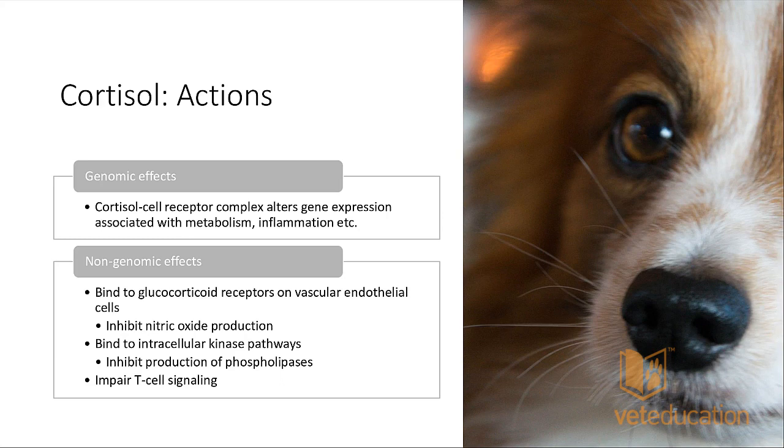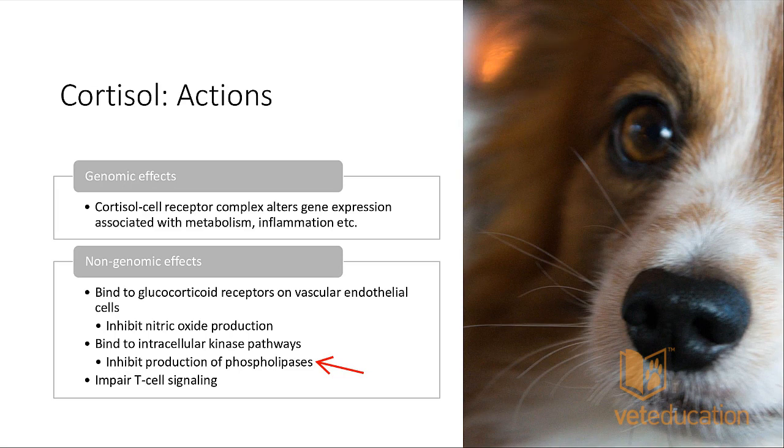They can also bind to transcellular kinase pathway. Okay, so this is what I was talking about in the lysosomes. Lysosomes are little organelles that sit within our cells, and they are loaded with enzymes, one of which is a phospholipase, or a group of enzymes called phospholipases. Phospholipases digest fats within cells, and our cell membranes are made up of a phospholipid bilayer.